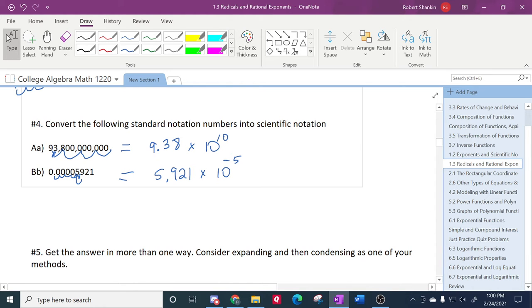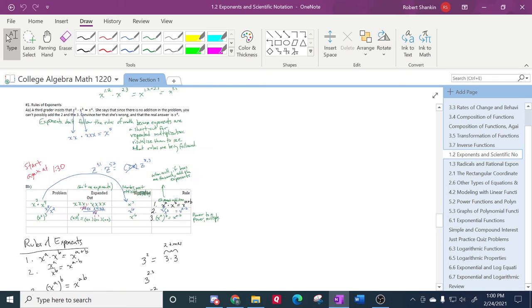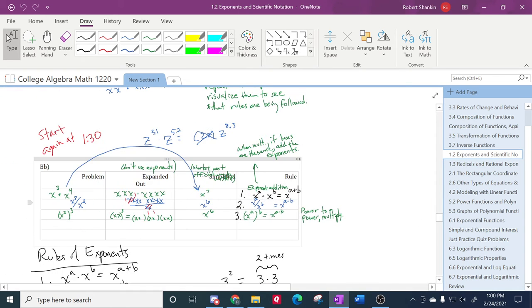All right, so now we're going to go to number 5. Get the answer in more than one way. Consider expanding and then condensing as one of your methods. Remember we did that expanding and condensing? I'm going to show it to you real quick in case you don't remember, from last time: a problem expanded out and then simplified, and then what was the rule?